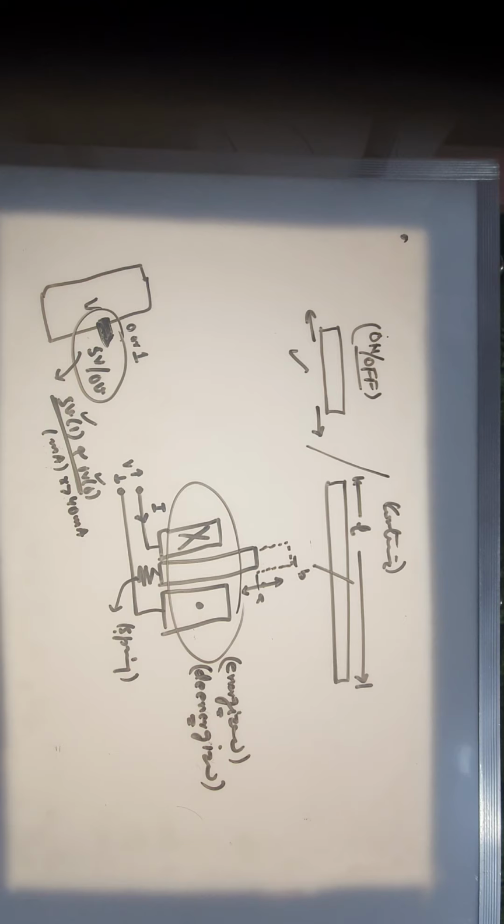But the solenoids, according to different loads and plunging that they can do, will need currents of the order of hundreds of milliamperes to tens of amperes. So obviously the solenoids can't be controlled directly by the logic or the voltage provided by your controller.